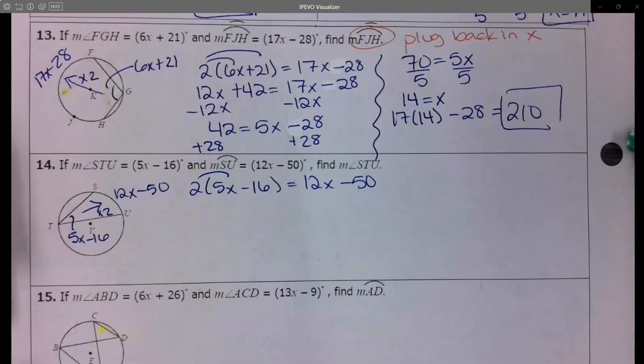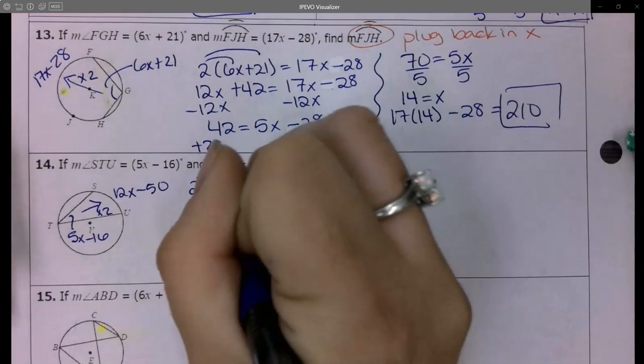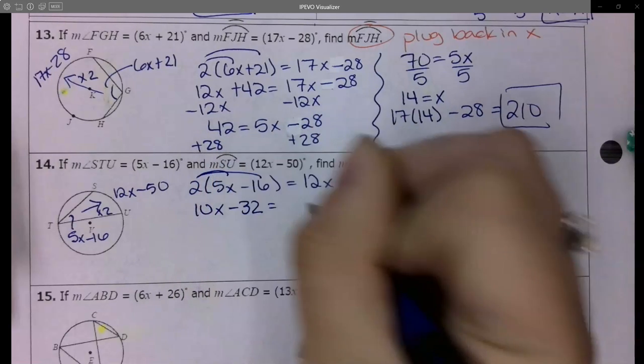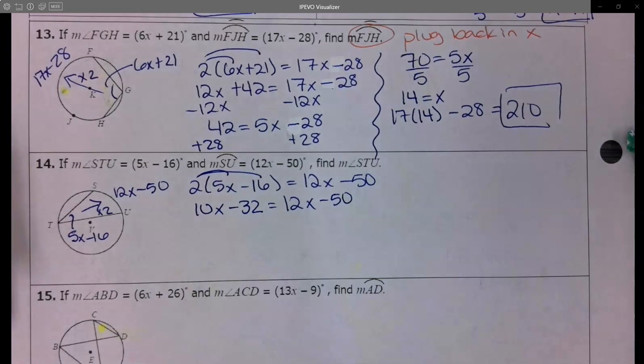Then I'm going to do 2 times 5x, which gets me 10x. 2 times negative 16 gets me negative 32. And then I set it equal to the 12x minus 50.